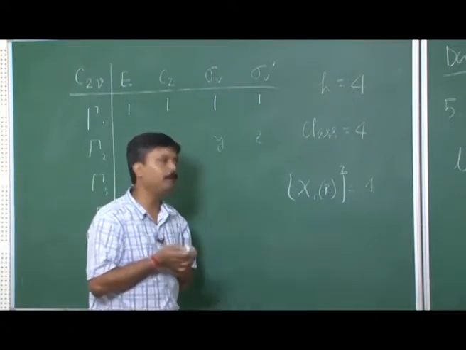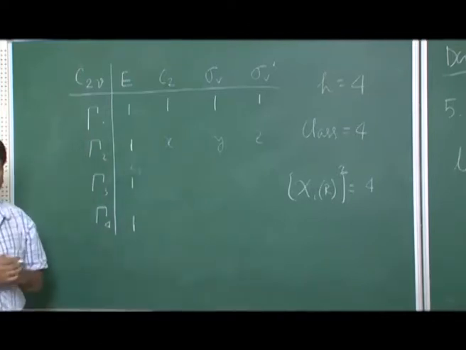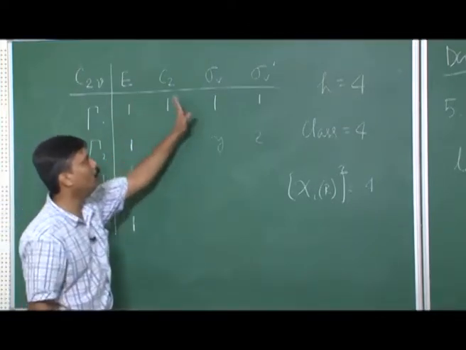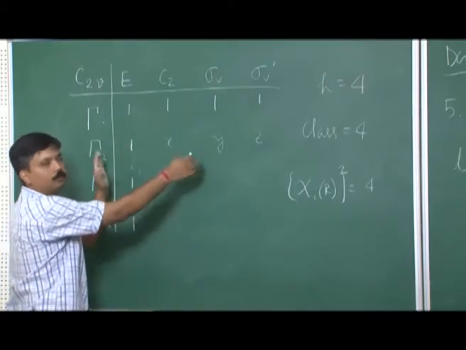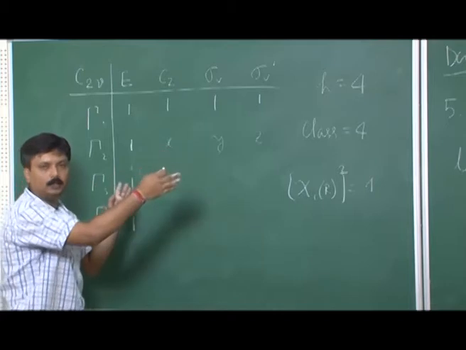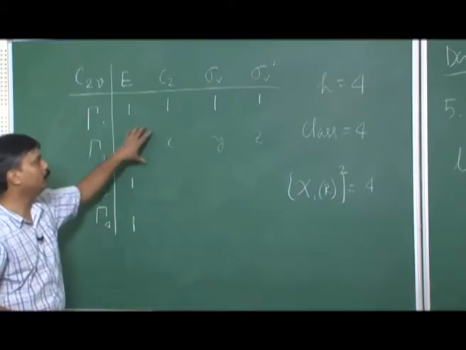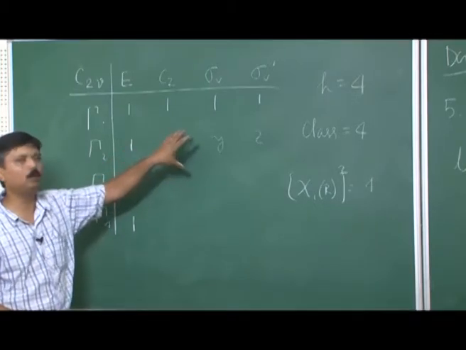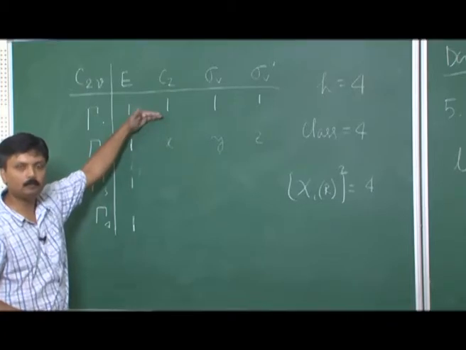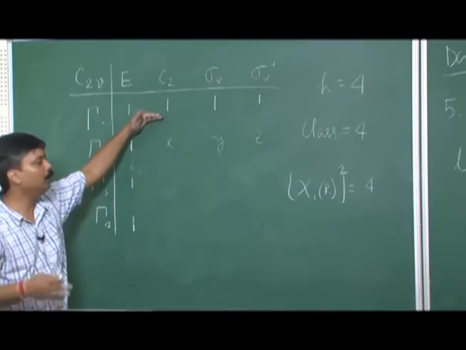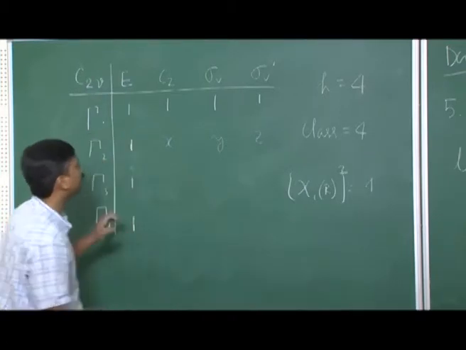That is possible if two of them are minus 1, because here all are plus 1. So, if in a representation, say gamma 2, 2 of the characters are plus 1 and the other 2 are minus 1, then if I multiply with this one, 1 to 1, I will get 0. So, the orthogonality will hold.